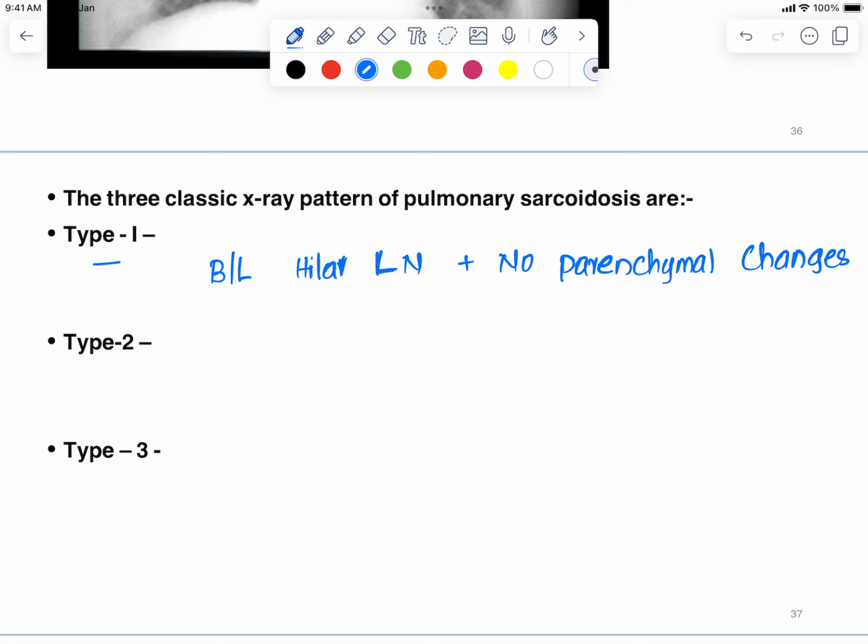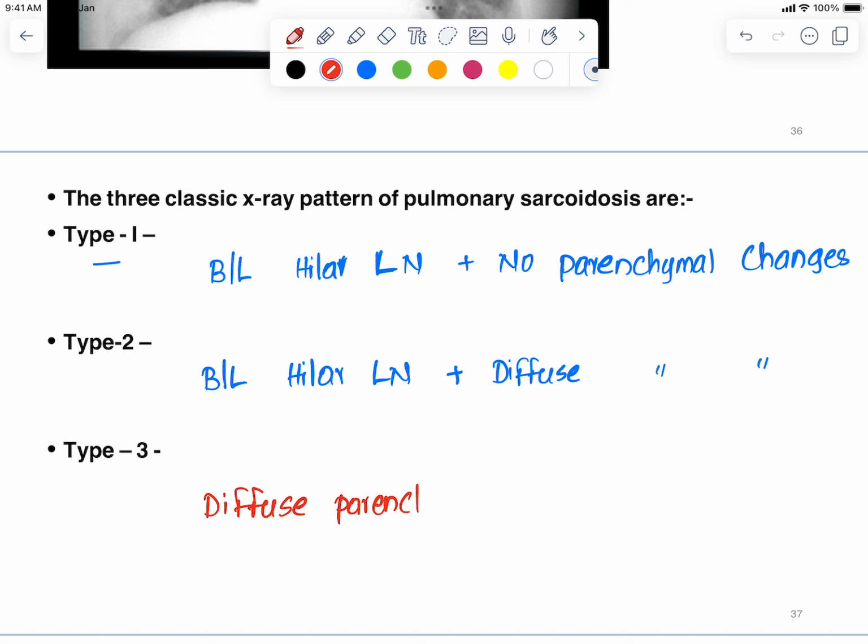And you take type 2. In type 2, along with bilateral hilar lymphadenopathy, there will be diffuse parenchymal changes. And whereas in type 3, you have only diffuse parenchymal changes, right?